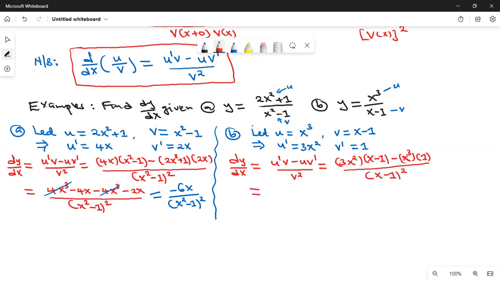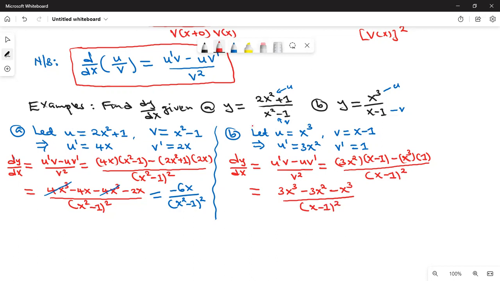So when you open the bracket in the numerator, we are going to get 3x cubed minus 3x squared, then minus x cubed. This should be divided by x minus 1 raised to 2.